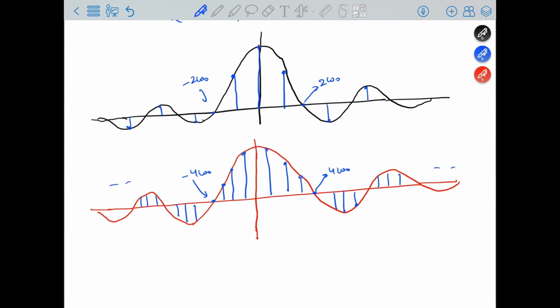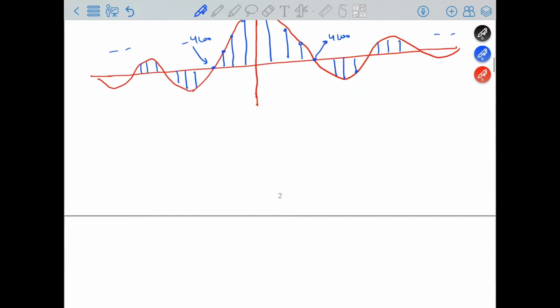So, as you can see, as the period T is increasing, you will get coefficients which are closely spaced. As the period T increases, the envelope is sampled with closer and closer spacing.